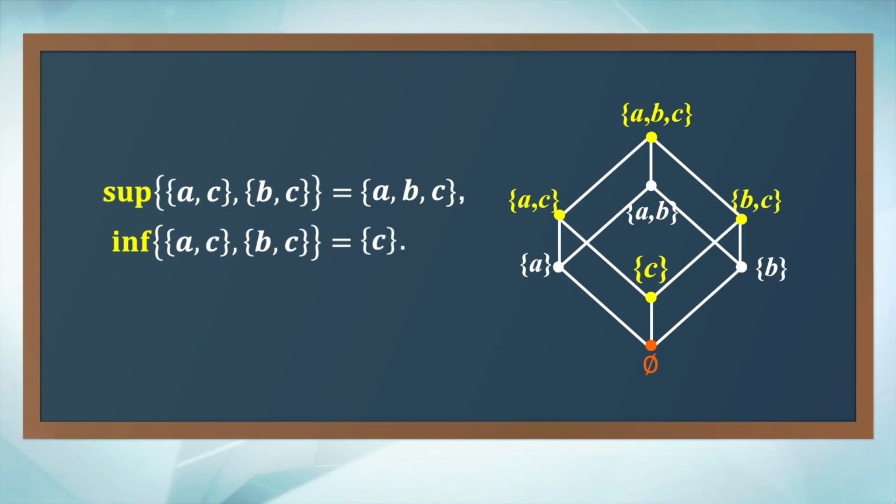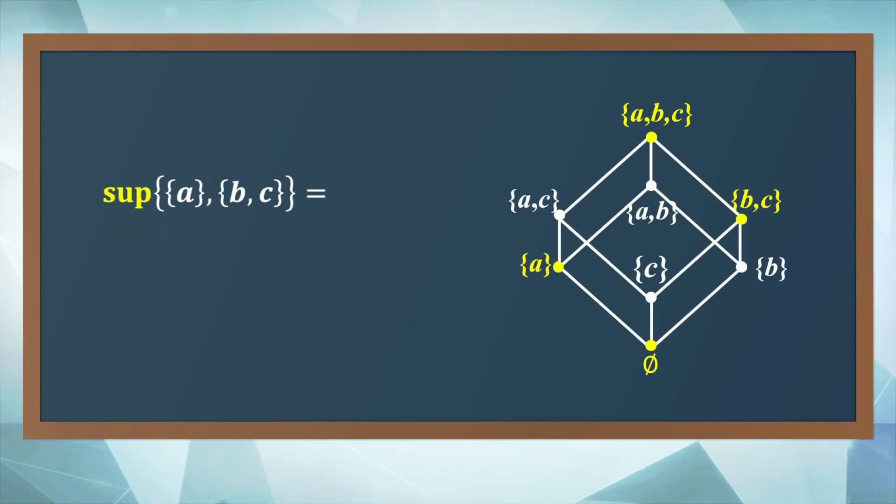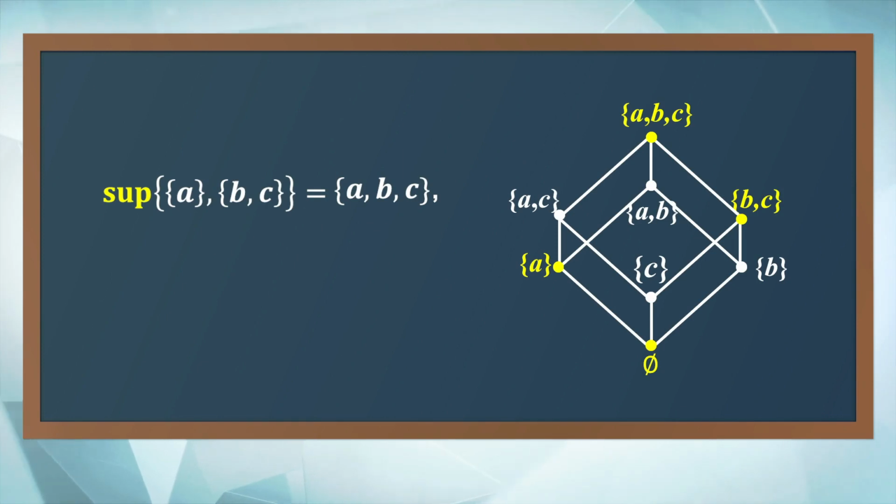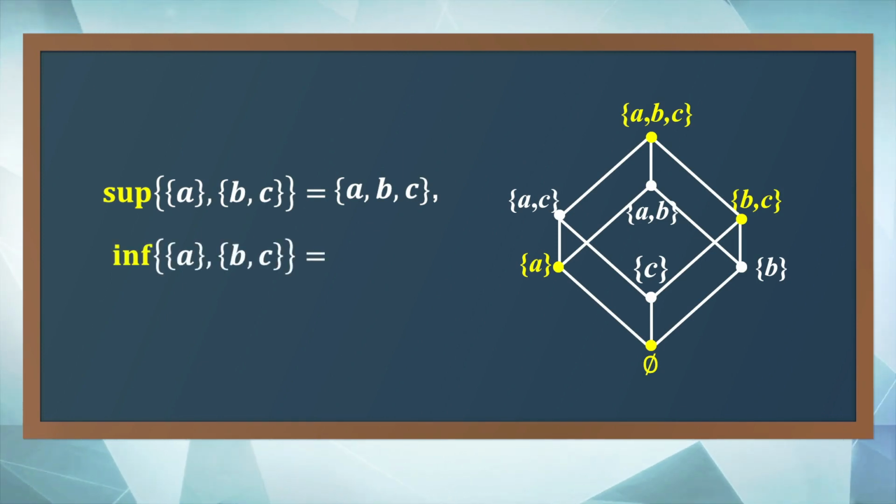The infimum is the singleton C. What about the singleton A and the set BC? The supremum of these 2 sets is set ABC, and the infimum is the empty set. In this way, we can show that every pair of elements in this poset has both a supremum and an infimum, so it is a lattice.